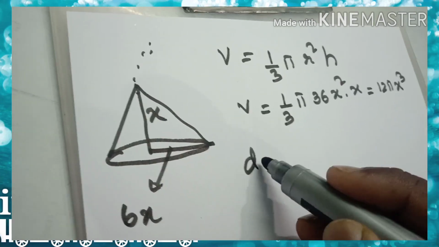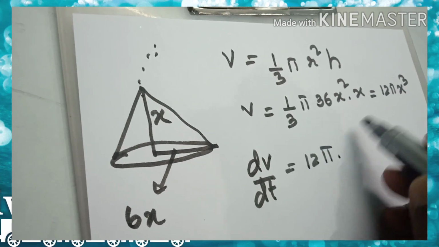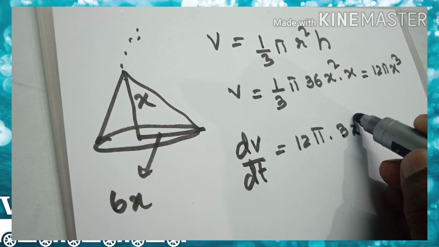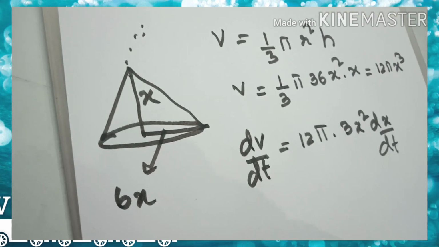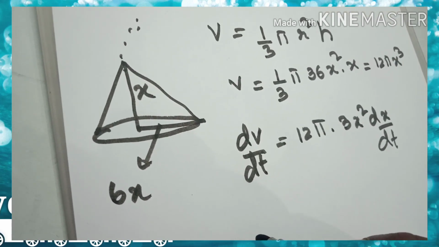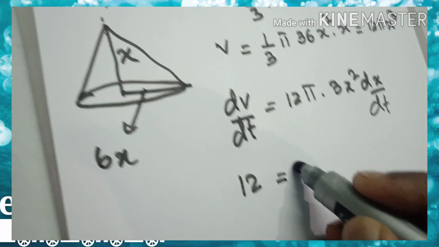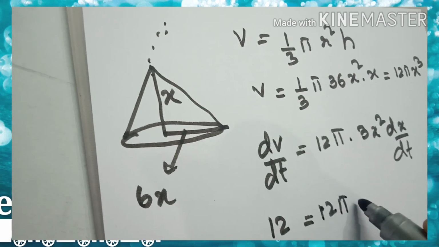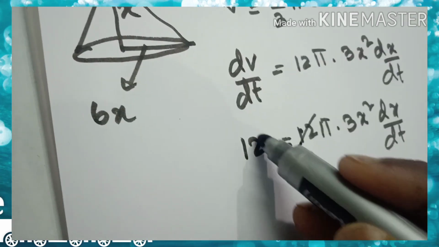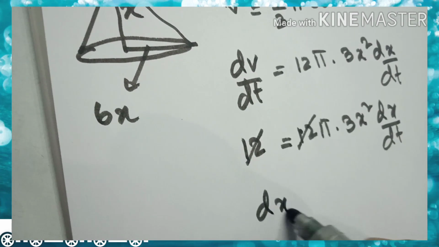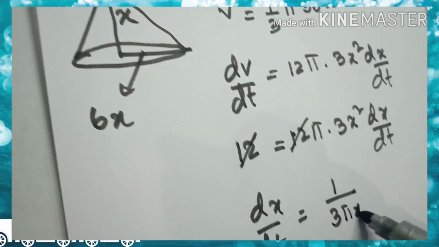Now change in volume means dV by dt we have to find, that is 12 pi, that is a constant, into derivative of x cube, which is 3x square dx by dt. But in the question it is given the change in volume with respect to time is 12 centimeter cube per second. So 12 is equal to 12 pi into 3x square dx by dt. So 12 gets cancelled, and dx by dt is 1 by 3 pi x square.